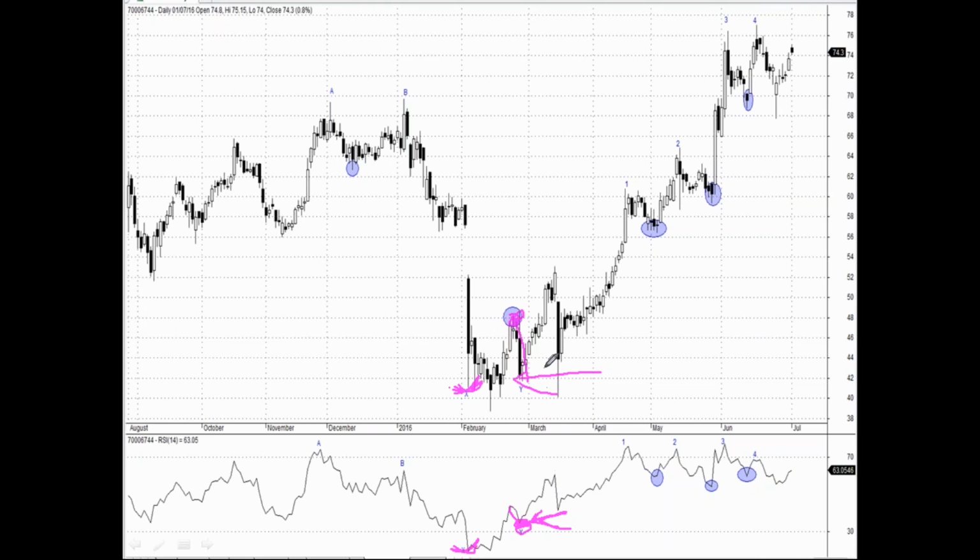Right? You have a hammer. You have a gap. You buy it here at this point.